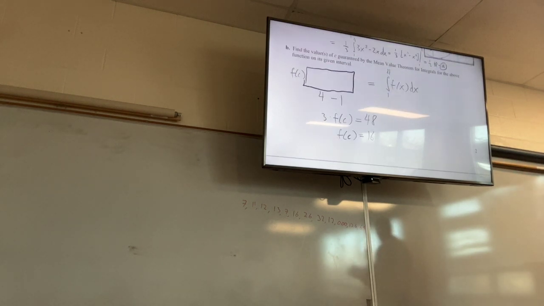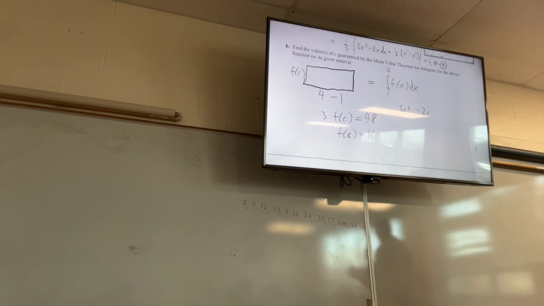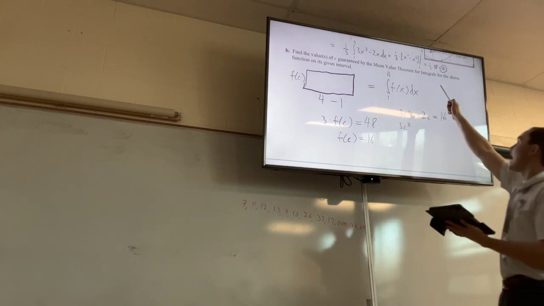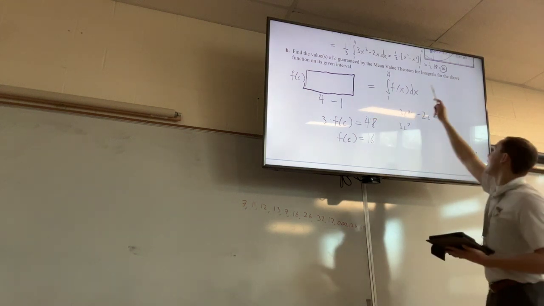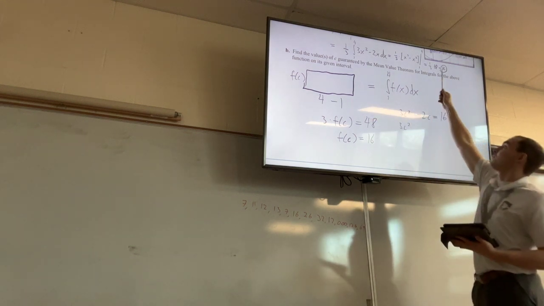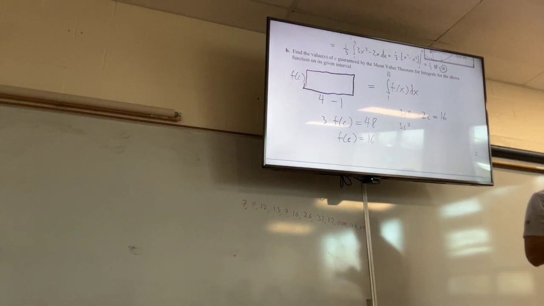What is f of c? It'd be 3c squared minus 2c equals 16. 48 is equal to the area, the integral. The 16 was the average value. The integral was 48 when we divided it by that 3. Remember, there's that 1 over b minus a in front. Get 16.